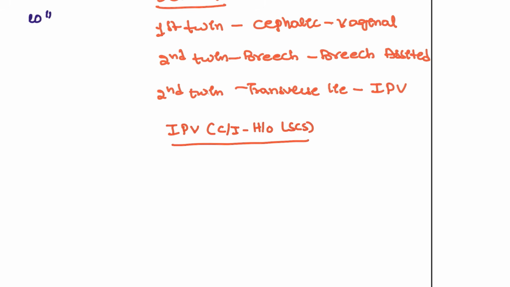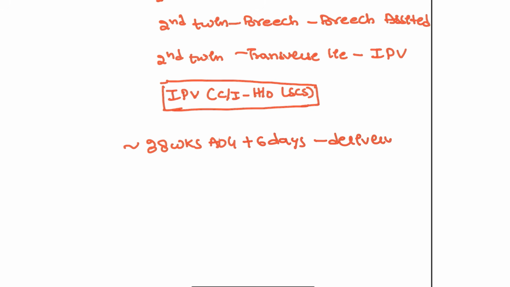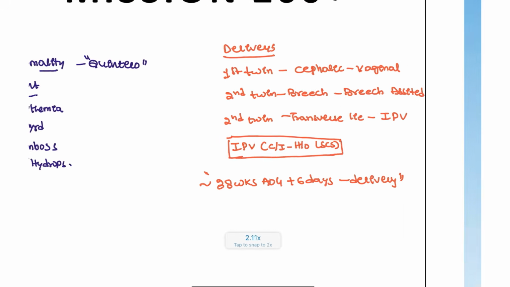For these patients we are not going to do it. But if the first twin itself is breech or transverse lie, then we better go for cesarean section for these patients. On average, we can go for delivery at 38 weeks plus 6 days of gestation for the delivery of the babies.